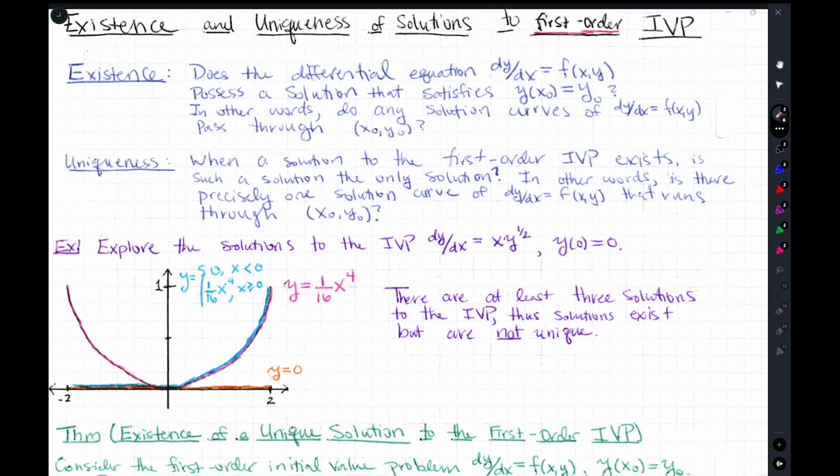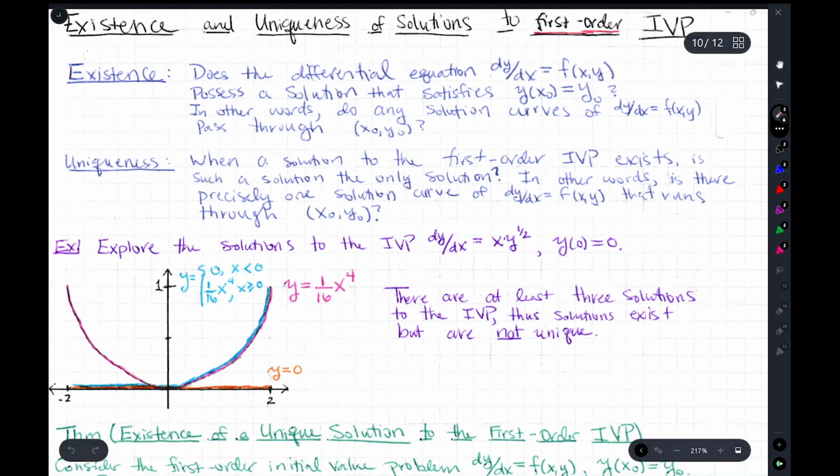So one question is existence, and suppose you find one. The next question naturally is, is that the only one? And that question is uniqueness. So when a solution to the first order initial value problem exists, is such a solution the only solution?